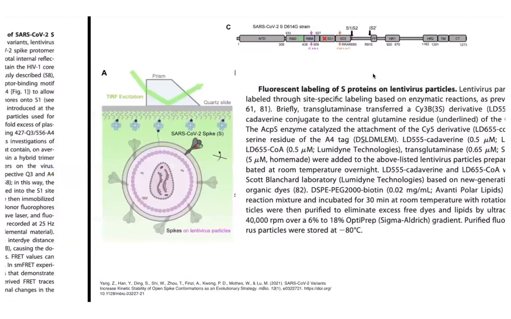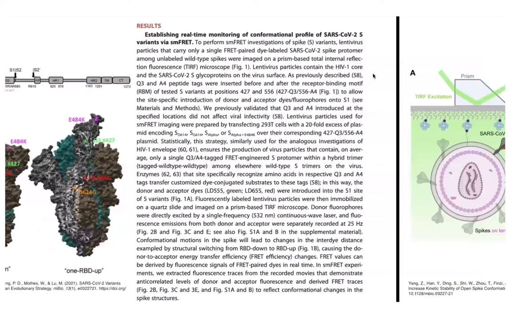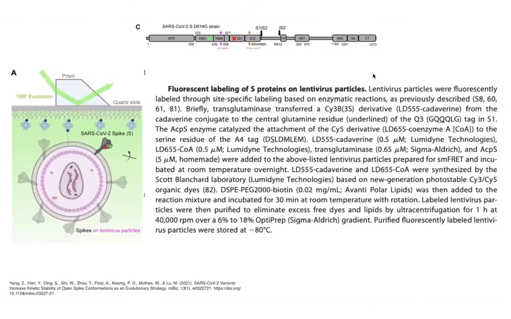We need to choose sites that are going to be close together, but then how are we going to get them labeled? To do this, they used these cool little sequences that are recognized by specific enzymes, like ACPS, as well as transglutaminase and stuff.